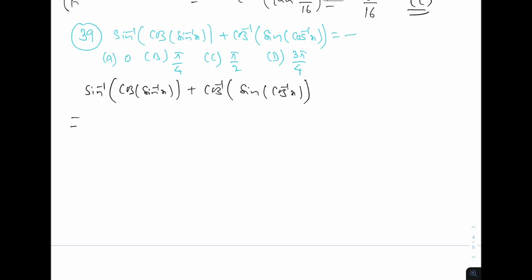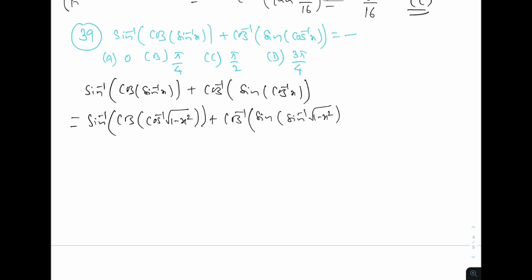This is nothing but sine inverse of cosine of, now sine inverse x, can we write sine inverse x as cosine inverse root 1 minus x square, plus same way cosine inverse of sine of sine inverse root 1 minus x square.